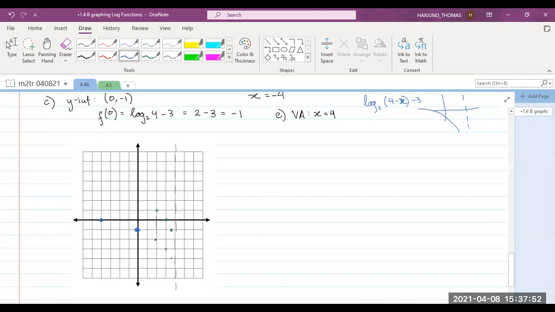Let me bubble it thicker. Now those are the 3 important coordinates. Okay, now then let me connect the dots. That's the graph.